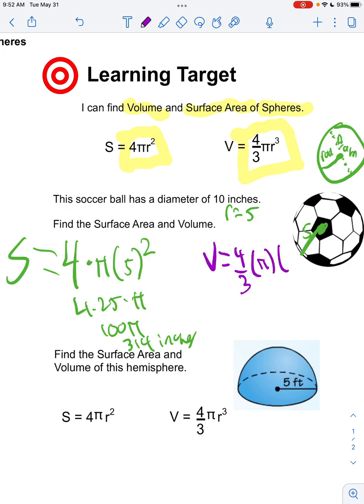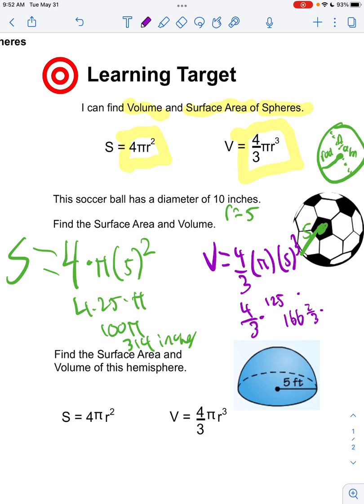For volume, again, plug and chug with my equation. 4/3 times pi, radius is 5. This time it's cubed. So I'm going to have 4/3 times 5 times 5 times 5 is 125. So if I multiply that by 4 and then divide by 3, I get 166 and 2/3.